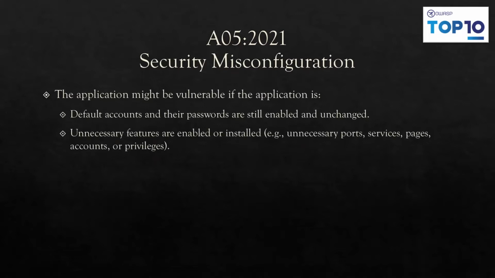Unnecessary features are enabled or installed. Just the other day, one of my clients asked, why is RDP open on every workstation? That's not necessary. The port will just be open all the time, so when you're in a coffee shop, people can just try and connect to your computer.